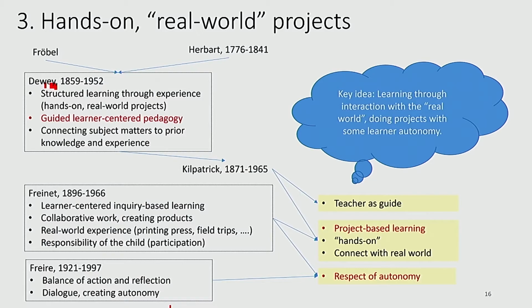He had the idea that you should give real projects to students, but nevertheless scaffold them very much. So add some structure to it. It's not free exploration. You do have other influences like the French Freinet or the Brazilian Freire, who insisted much more on the idea that one should develop learner autonomy, something that goes back to Rousseau also.